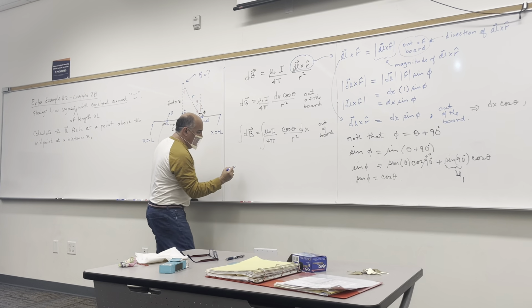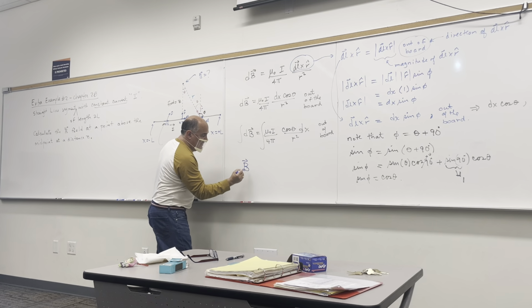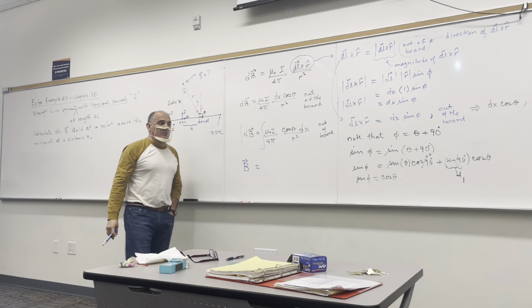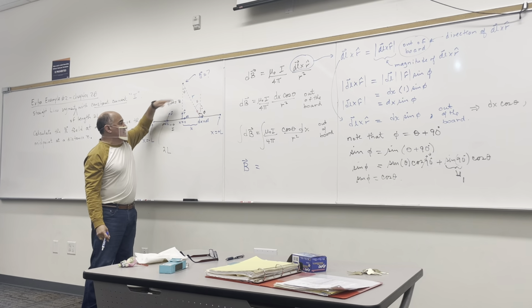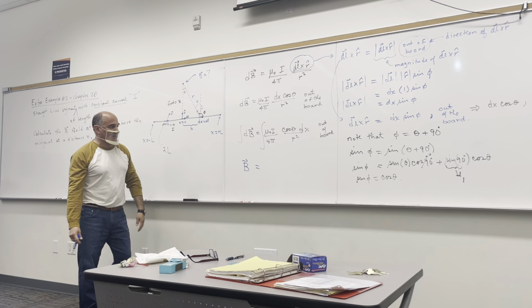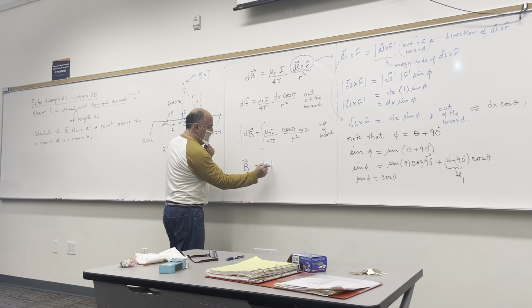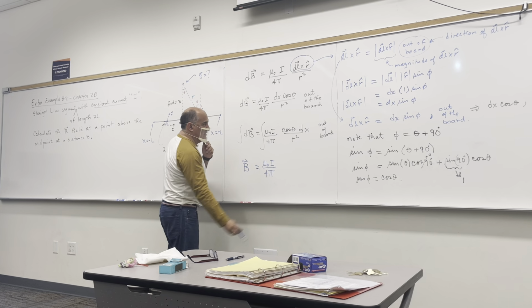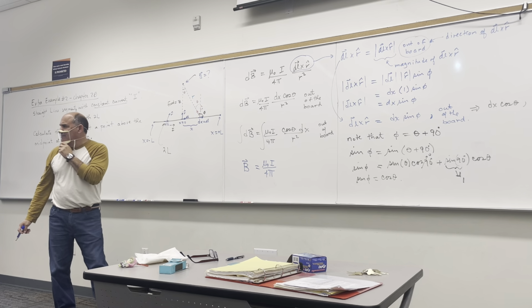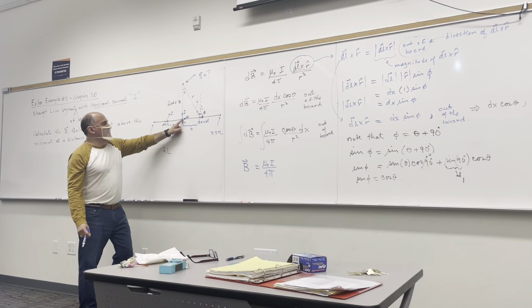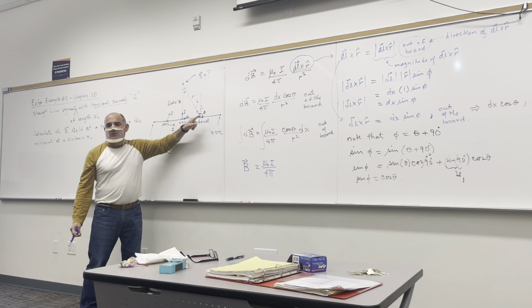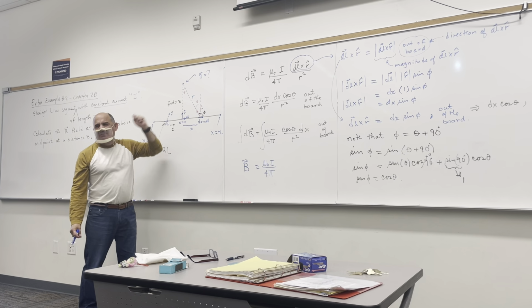So this integral on the left hand side will be B. That's the total magnetic field that we're looking for generated at that location by the current I in this line segment. Mu naught is a constant. The current is a constant. 4 pi is a constant. Now what about theta? If I consider the dl at various locations on this segment, would the angle theta be different?